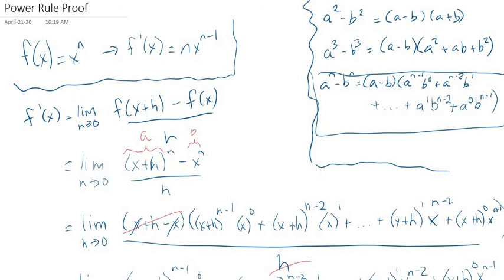When we had exponent of 2, we had 2 terms. When we had exponent of 3, we had 1, 2, 3 terms. So as it turns out, whatever our exponent is, that's going to be how many terms we have in our second bracket.